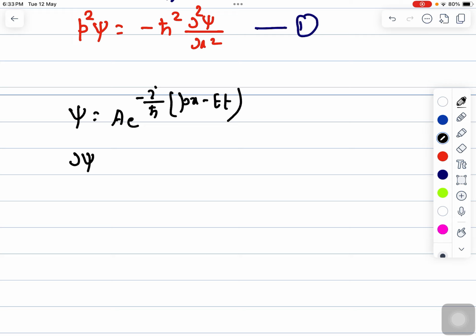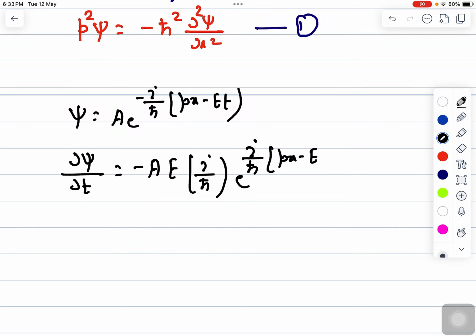If I perform del psi by del t, it's as simple as that. We will be getting minus A i by h cut, and e to the power i by h cut, and then obviously px minus Et.